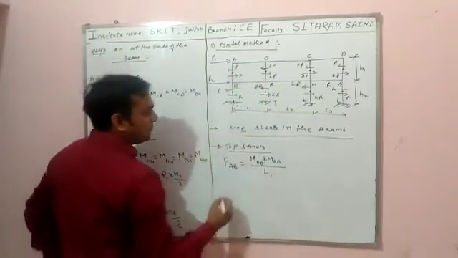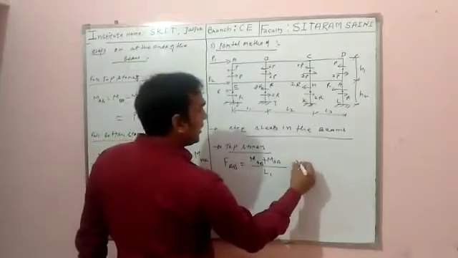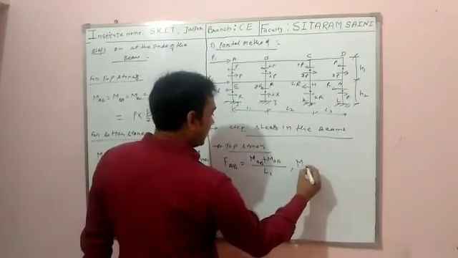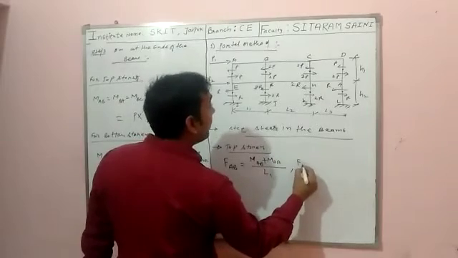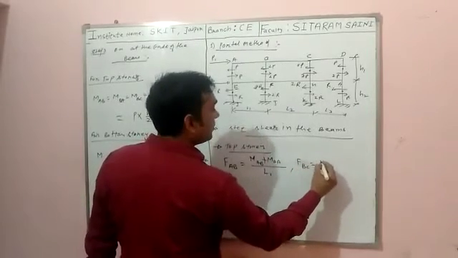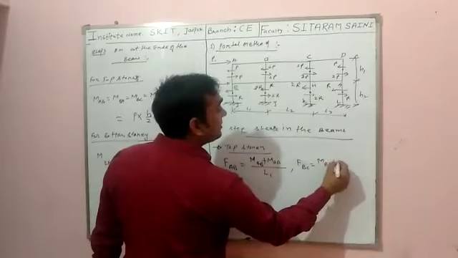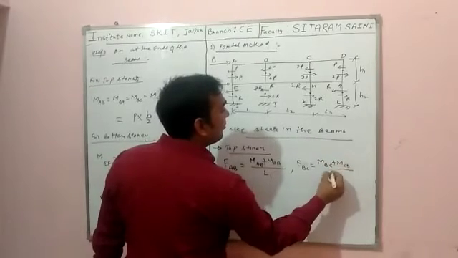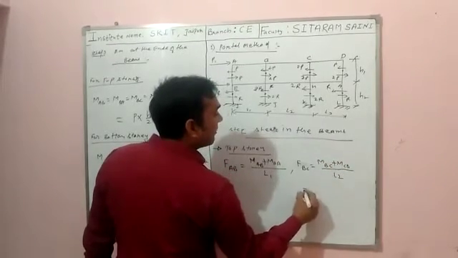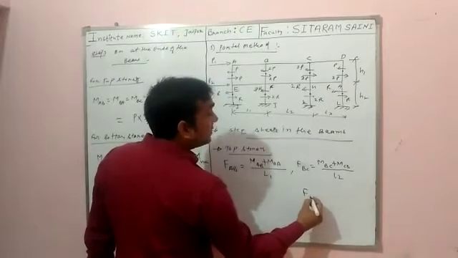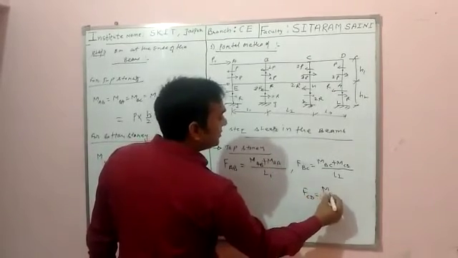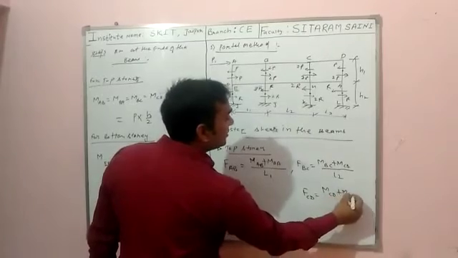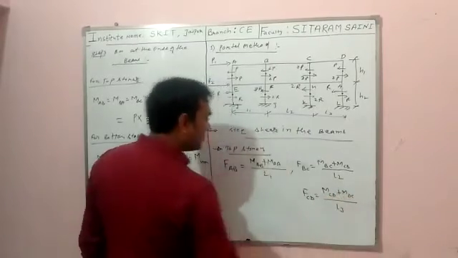Next, FBC equals MBC plus MCB upon L2, and FCD equals MCD plus MDC upon L3.